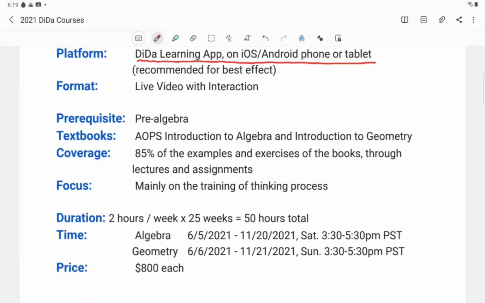I will strive to cover at least 85% of the examples and exercises from the books through either lectures or assignments. But my main focus will be on teaching how to think, which is reflected in my teaching motto: not just know the answers, but also learn how to think.